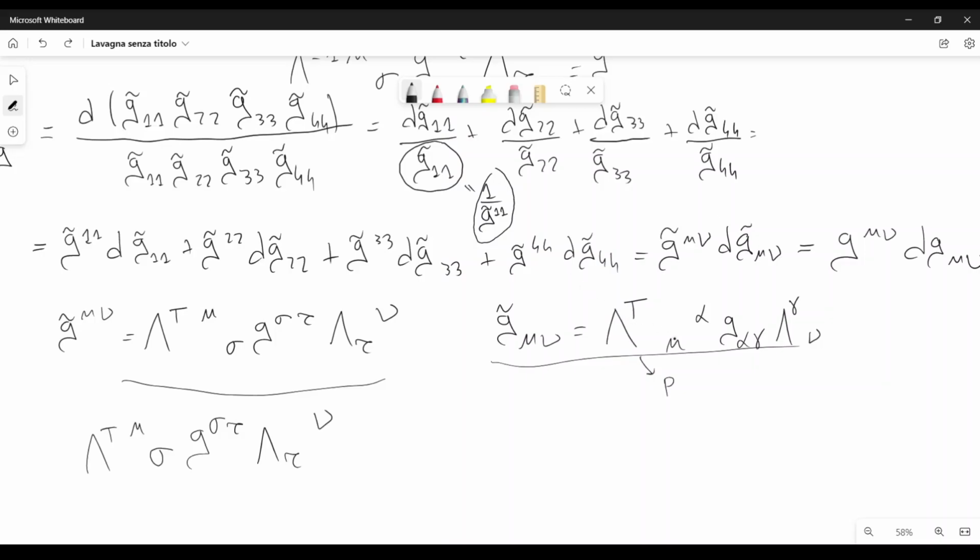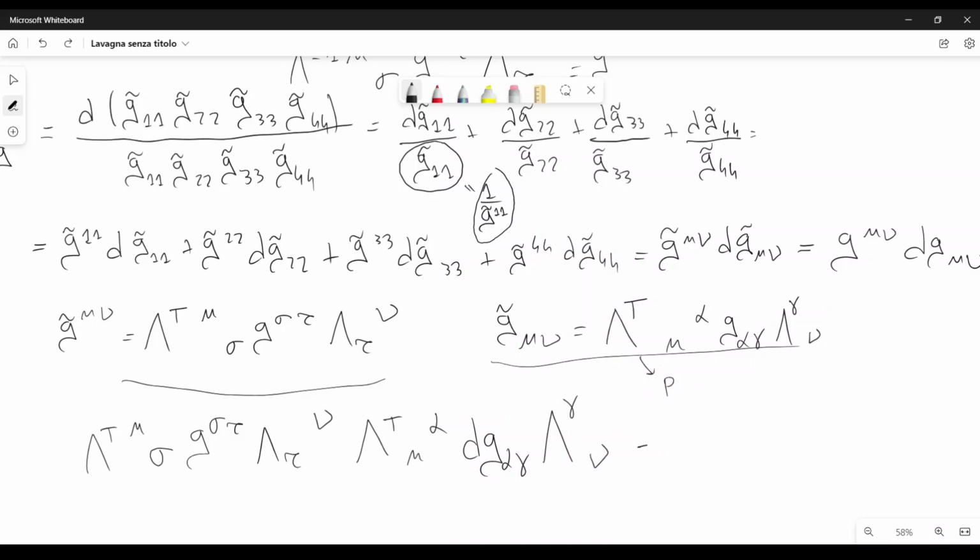So I'm moving from some point P to the neighborhood of the point P. And for the differential dg̃, I can replace this expression, Λ transpose μα, then I have the differential of g_{αγ} multiplied by Λ^{γν}. I can replace this expression for the differential of g̃ because this matrix Λ is constant. That's the transformation at point P, it does not depend on the coordinates.